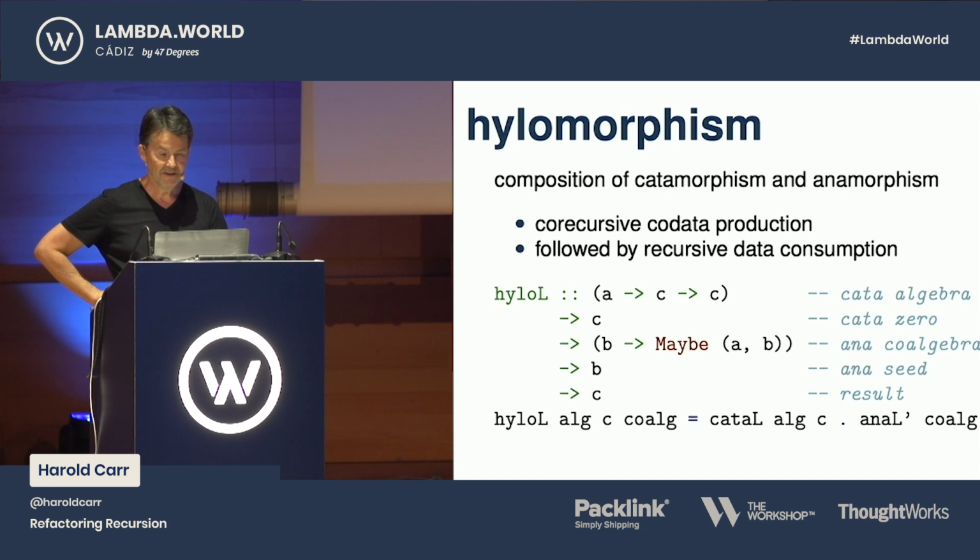And you can see that here, the definition is you have the cata algebra and the cata 0, and then you have the ana coalgebra, the ana seed, and then the final result. So the function is just run the anamorphism and then run the catamorphism.